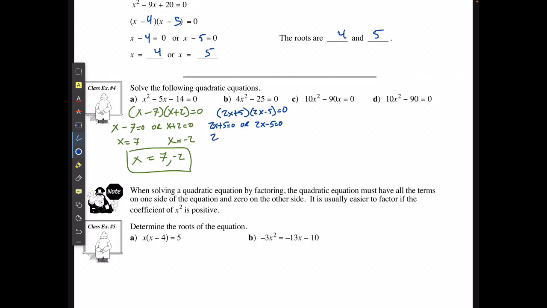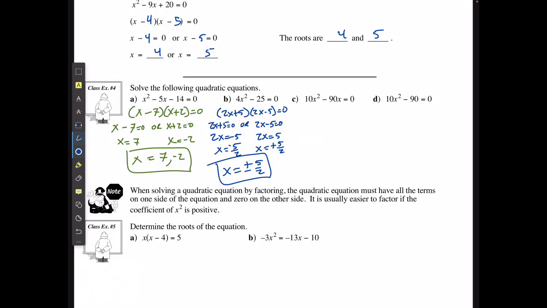This would be 2x is equal to negative 5. This would be 2x is equal to positive 5, or x is equal to negative 5 over 2, or x is equal to positive 5 over 2. How can I state this? X is equal to either positive or negative 5 over 2. It doesn't matter if it's a positive one or the negative one, it's still going to make it balance out.